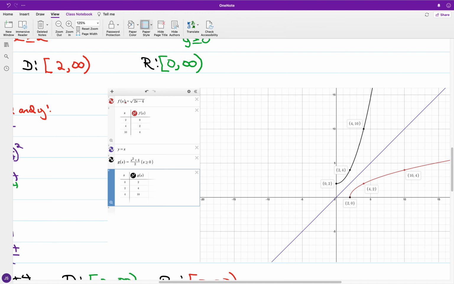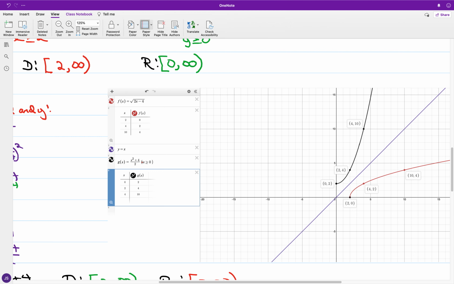If you notice, you have y is equal to the square root of 2x minus 4. So I have this particular curve, and among the ordered pairs you have 2, 0, 4, 2, and 10, 4. And for the inverse, you have y is equal to x squared plus 4 over 2.